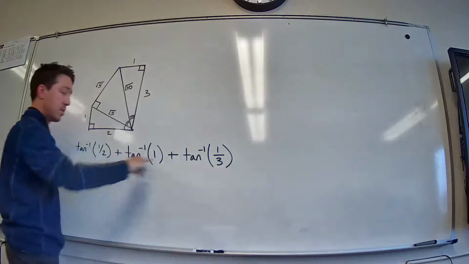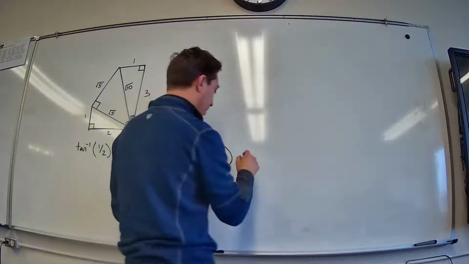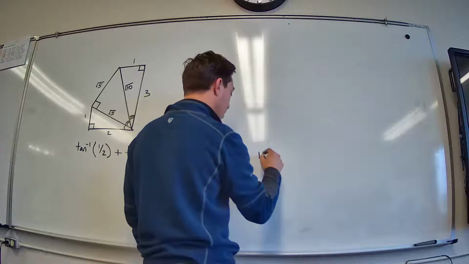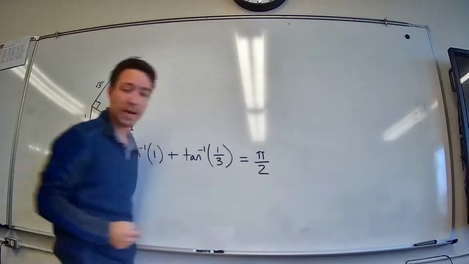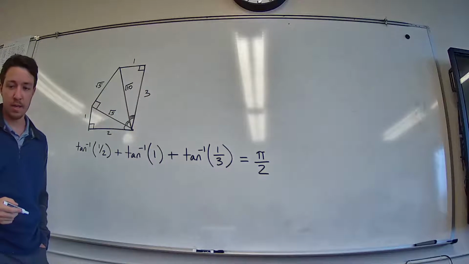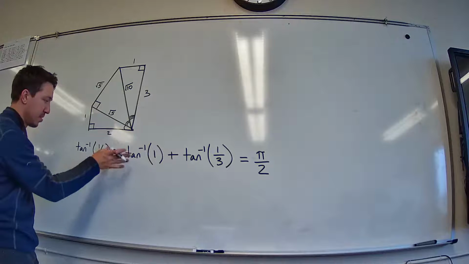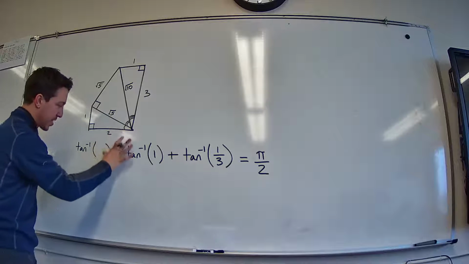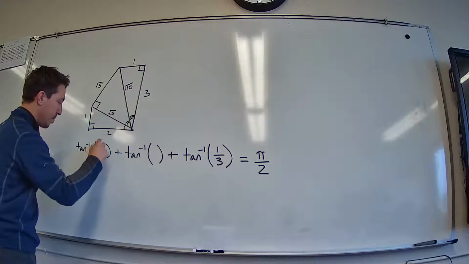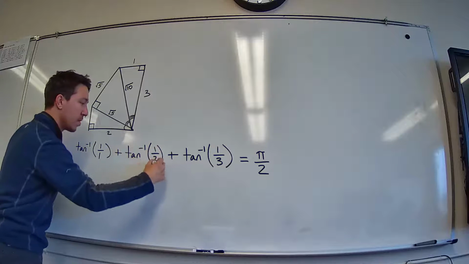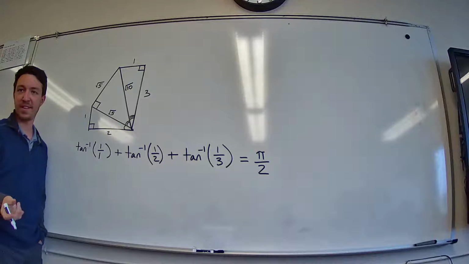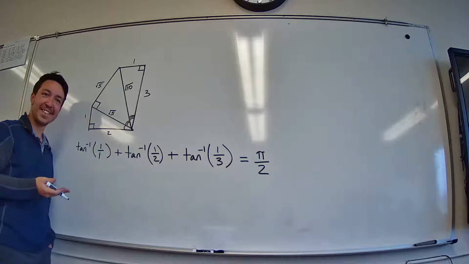Does that make sense? And so that sums to 1/2 pi. Now you don't have to do this, but it's prettier if you write it like this. It's kind of neat. Isn't that lovely?